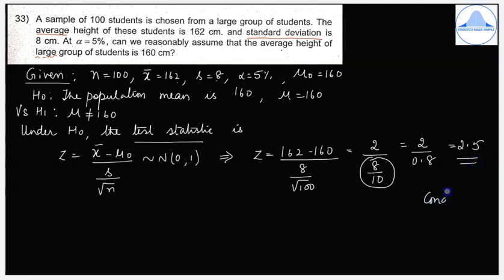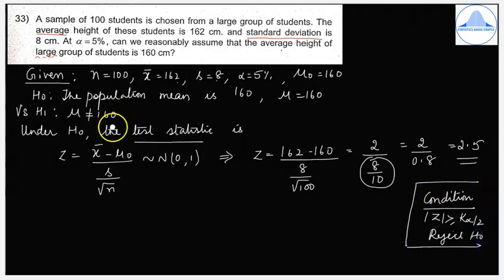Now let us write the condition. To make the conclusion, you have to check whether mod z is greater than or equal to k alpha by 2. If this condition is satisfied, you reject H0. This condition is used only for a two-tailed alternative. So we have got z is 2.5, which implies modulus of z is modulus of 2.5, which remains as 2.5.